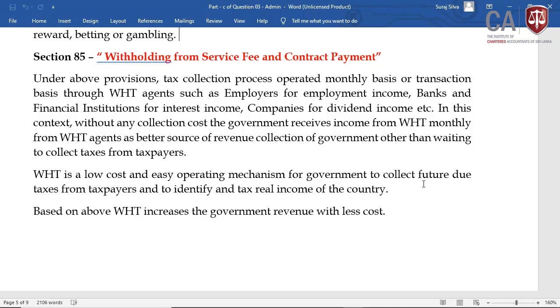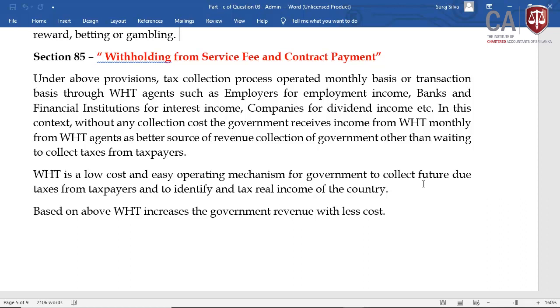In this context, without any collection cost, the government receives income from WHT monthly from the withholding agent, which, as I have explained, is a better source of revenue collection for the government than waiting to collect taxes from taxpayers.